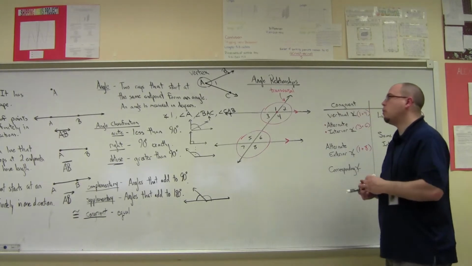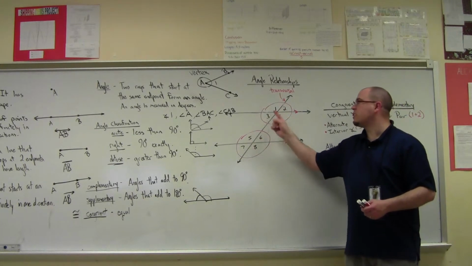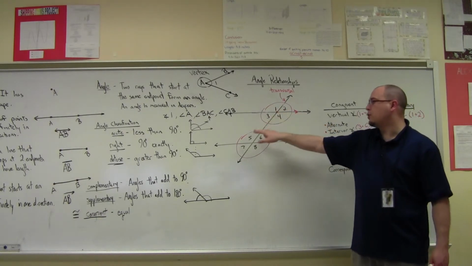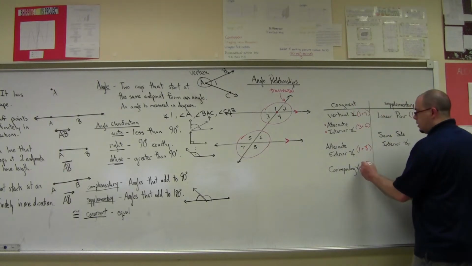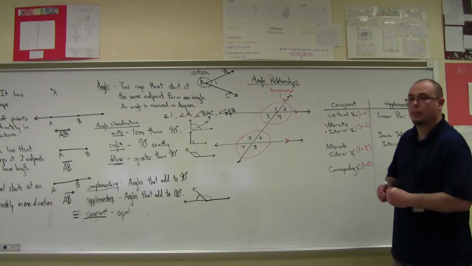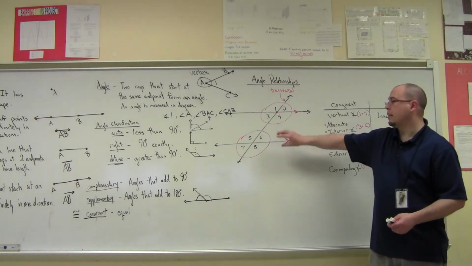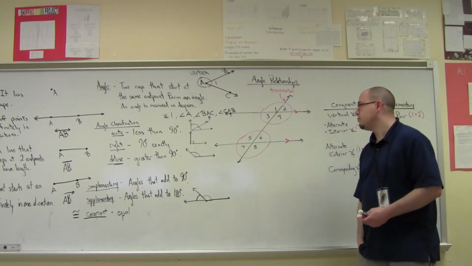And what we want to do is find which angles are in the same location relative to one another. So if angle 1's in the top left corner, so is angle 5, they correspond to one another. So angles 1 and 5. But 2 and 6 would work, 3 and 7 would work, 4 and 8 would work. They're all corresponding. So you just want to find which angle matches up with the other angle that I'm looking at. And if you can do that, you'll get the right answer.